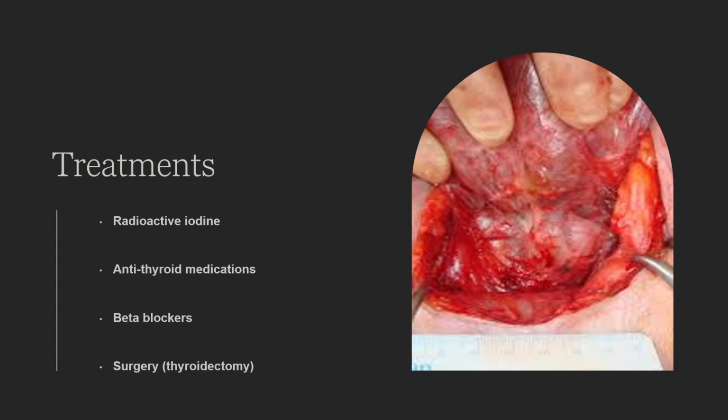The next treatment is anti-thyroid medications, in which these medications slowly reduce the symptoms of hyperthyroidism by preventing the thyroid gland from producing excess amounts of hormones. These symptoms usually begin to improve within several weeks to months, but the treatment with anti-thyroid medications typically continues for at least a year and often longer.